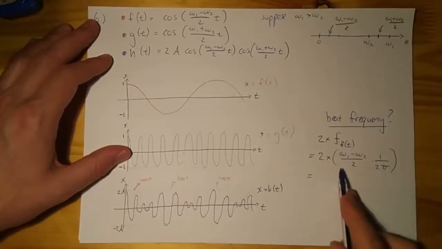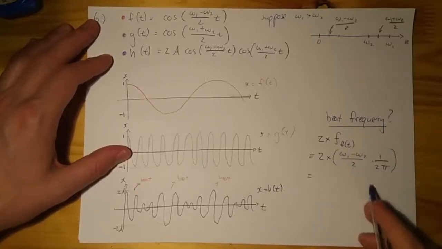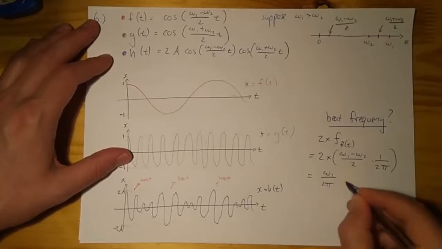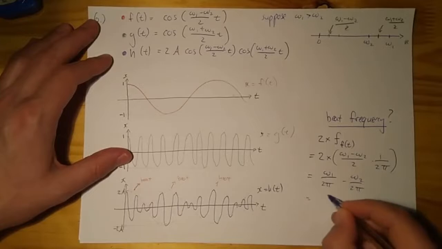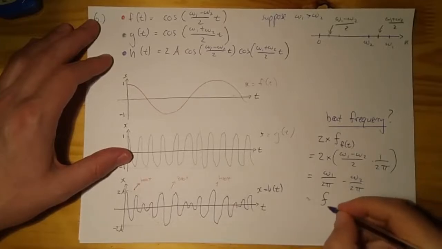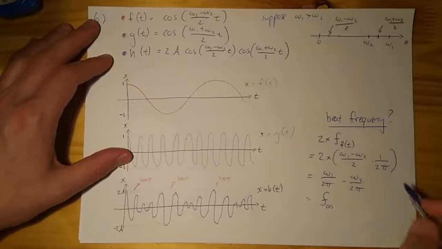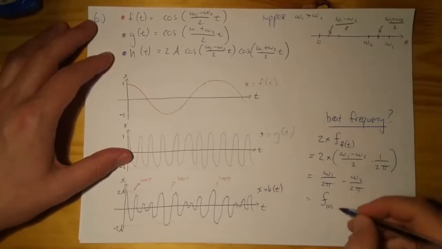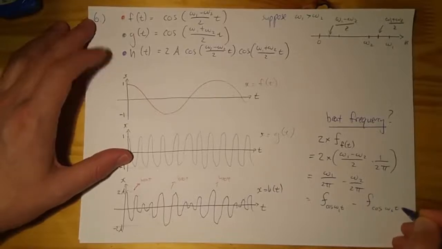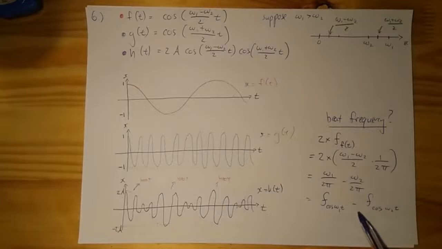And what does this simplify as? Okay, the 2's cancel. All that I'm left with is omega 1 over 2 pi minus omega 2 over 2 pi. And this is the frequency of the starting vibration function, the one cosine of omega 1 t, minus the frequency of cos of omega 2 t. Good. Now that's quite fascinating.